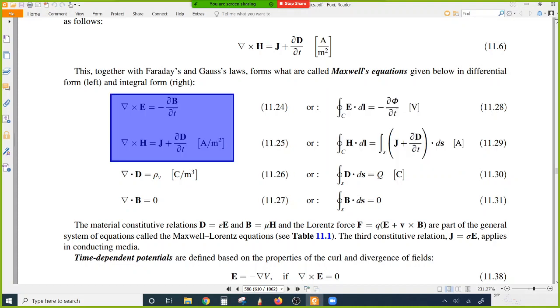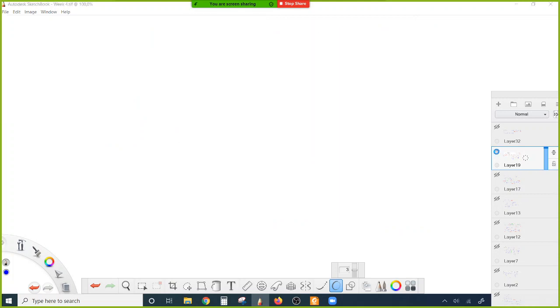I think this one is more convenient. Here, rotor of electric field intensity should be equal to minus dB over dt, and the rotor of magnetic field intensity should be J plus dD over dt. Okay, let me copy these two equations and put them here.